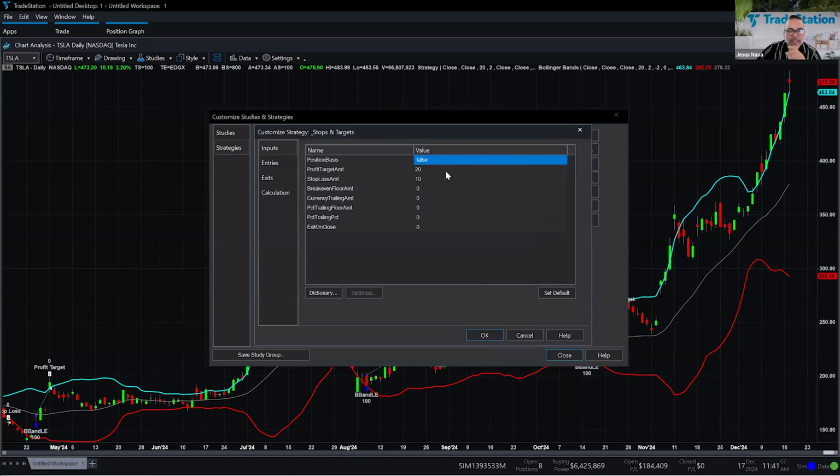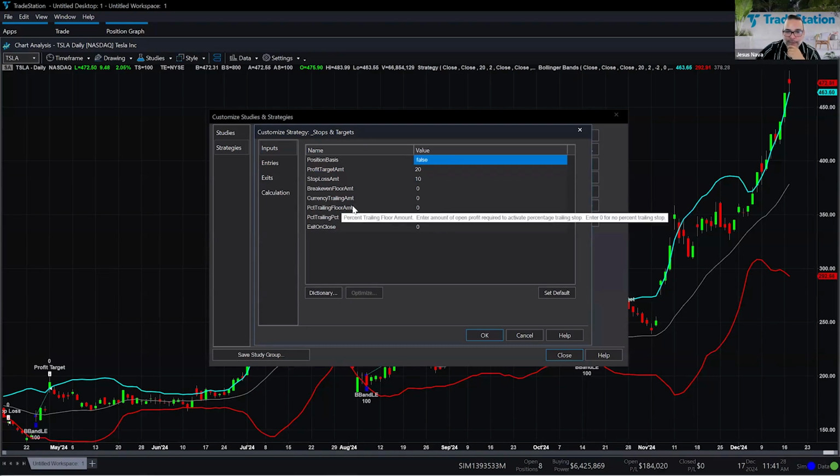All right. In addition to the profit target and the stop loss, you also have a break even floor amount. The break even floor amount just means that you have to reach a certain floor in order for the break even to be activated, and you have to specify how many points that is.